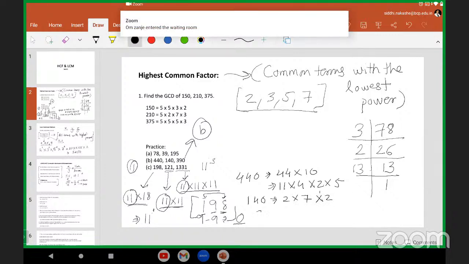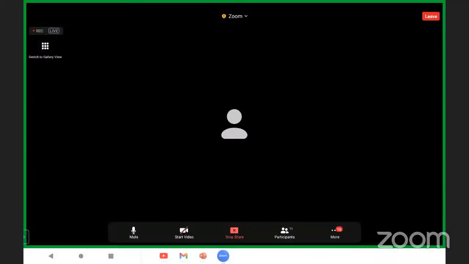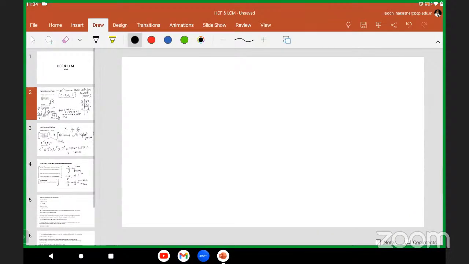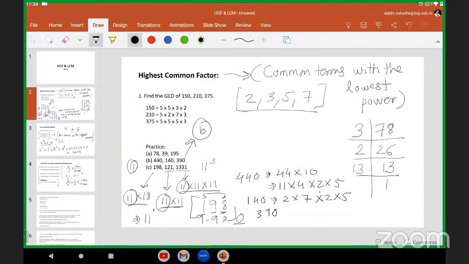And for 390, it is nothing but 3 into 13 into 2 into 5, that is 39 into 10. So what is the highest power for 2? 2 is 2. The common numbers you have are 2 and 5 only. So 2 into 5, the answer will be 10.